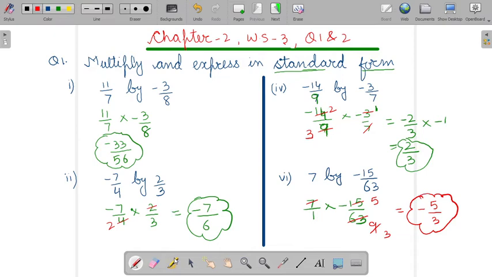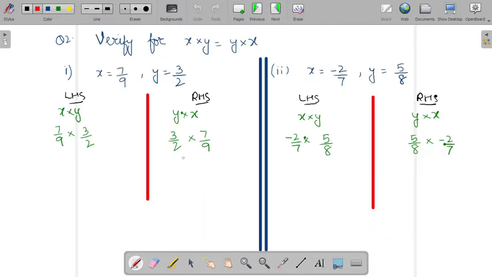I hope question 1 is clear to all of you. Now come to question 2. In question 2, you have to verify x multiply y equal y multiply x.